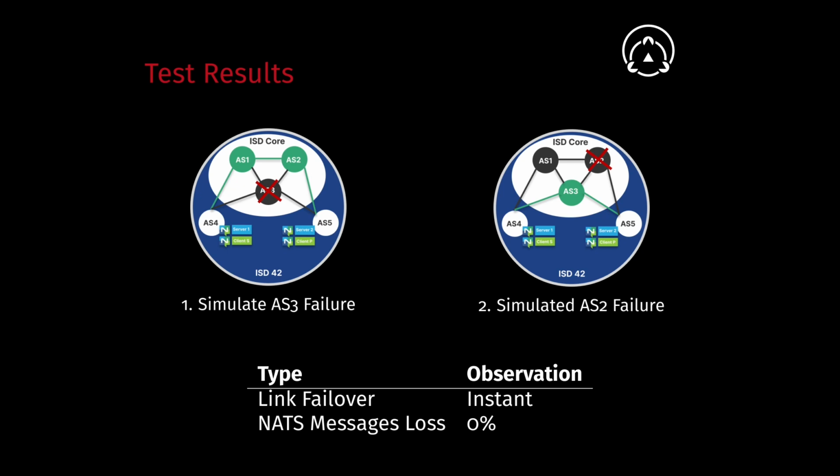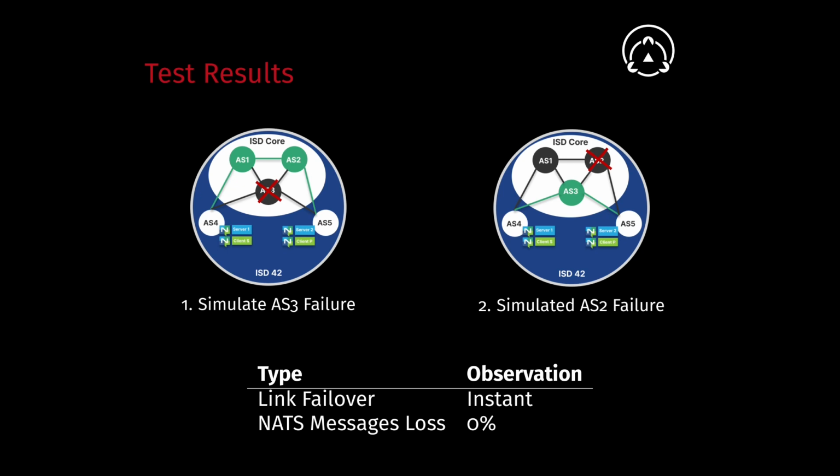So I simulated another failure of AS2 and saw it fall back to the AS3 route. And again, that was the same behavior: the failover was instant because the path that it was using failed, and no messages were lost, and the NATS pub sub messages still traversed the network and were received on the other end like nothing had happened.